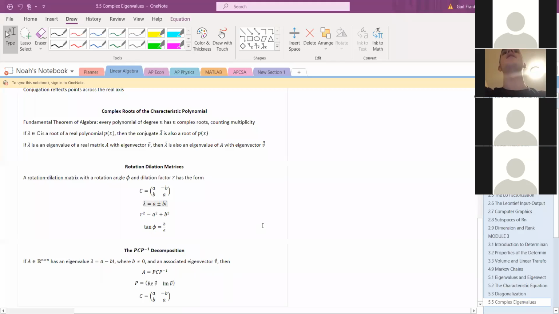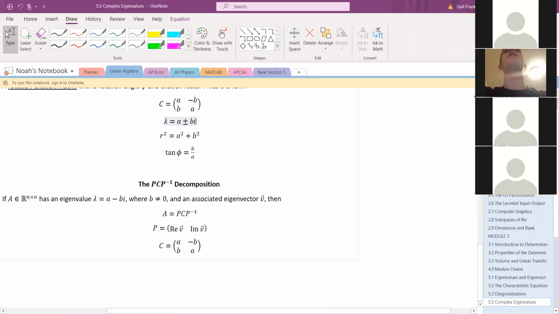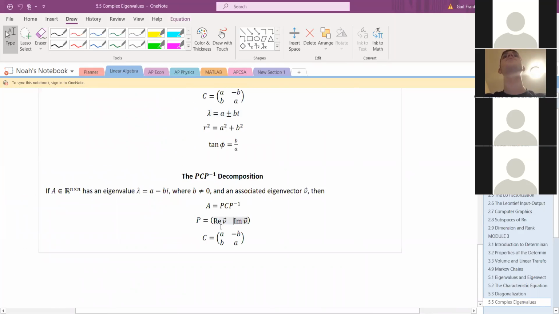So V would be the eigenvector associated with A minus BI, and P has the real component as your first column and the imaginary component of that eigenvector as your second column. Then the C matrix in the middle is where you take the A and B values from A minus BI and put them into this rotation dilation matrix. So stop share screen again.